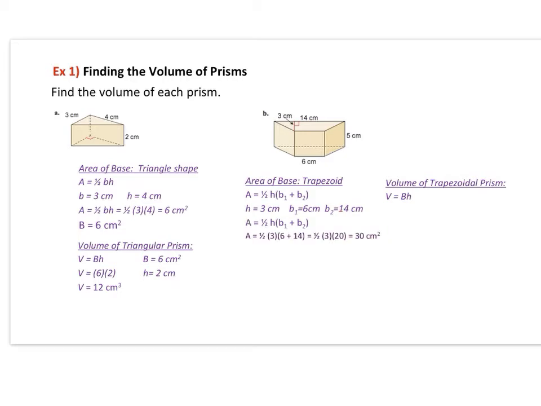So I plug in all these numbers in the right places, using order of operations. We get one half of 3 times 20, which is 60. So half of 60 is 30 square centimeters. That means our capital B is 30 square centimeters, and that's what we will plug into our master formula. Then the height of the prism is 5. So 30 times 5 is 150 cubic centimeters.